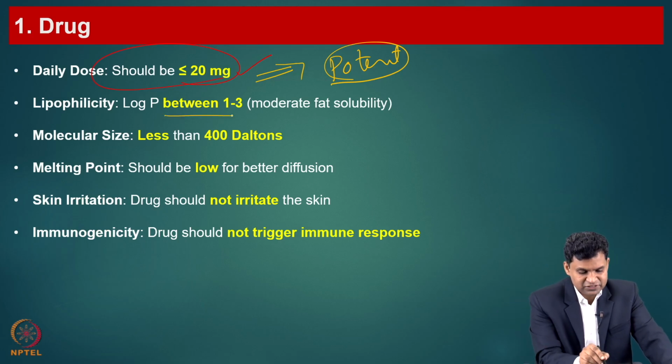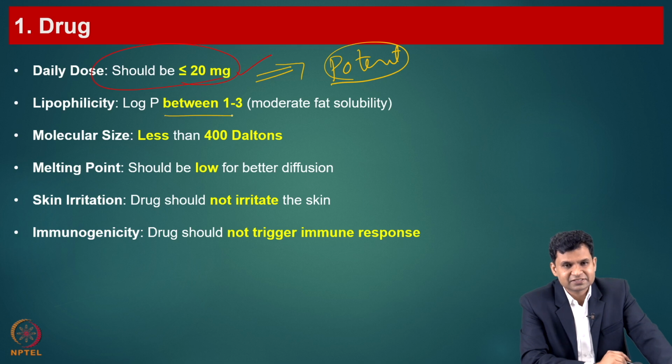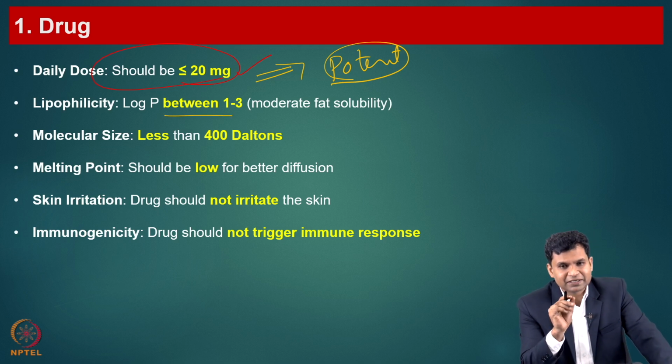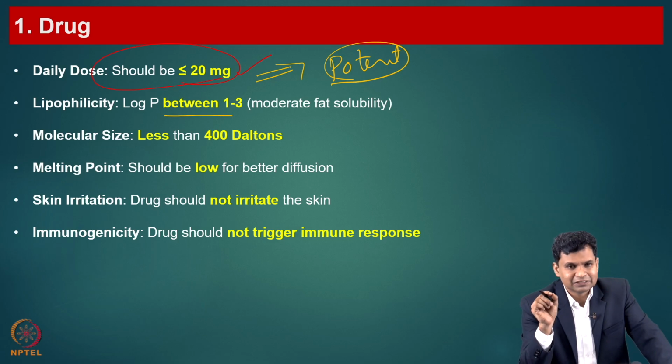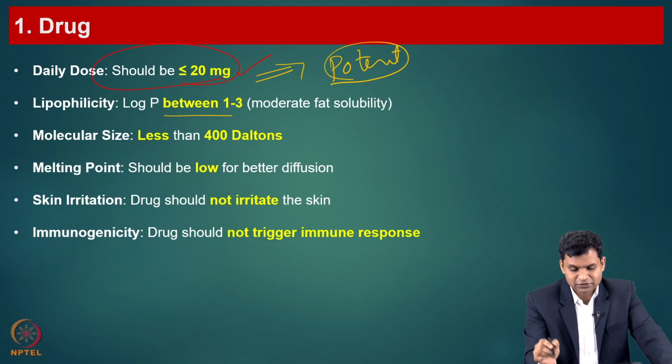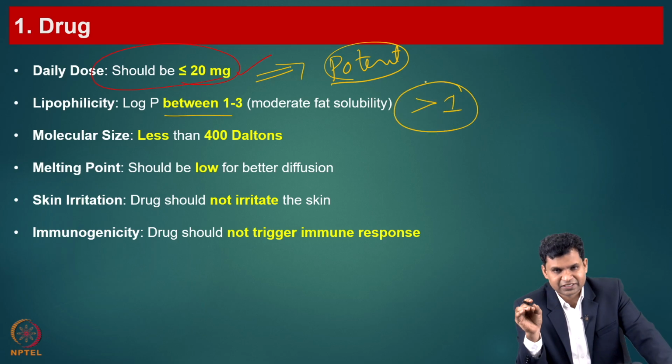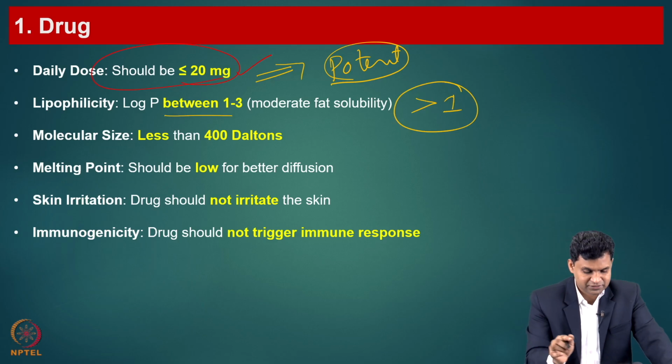And yes, we have seen the lipophilic factors and the partition coefficient or fat solubility: the log P should be within 1 to 3, or at least more than 1, which is eligible for designing transdermal patches.